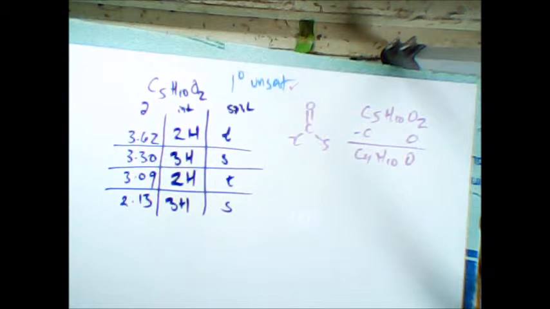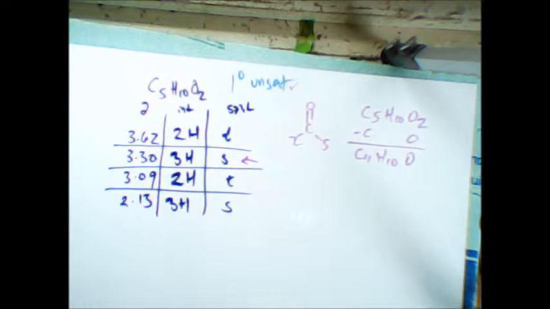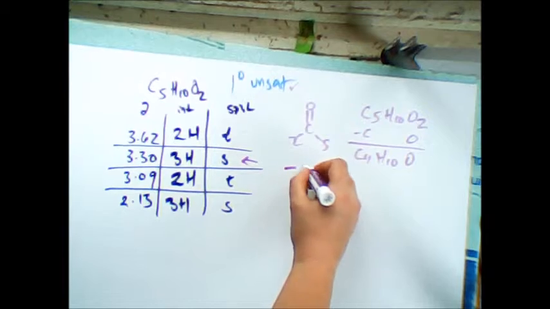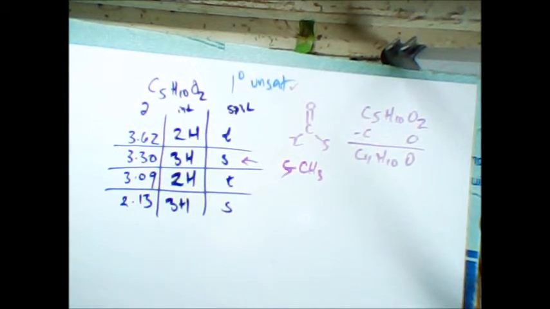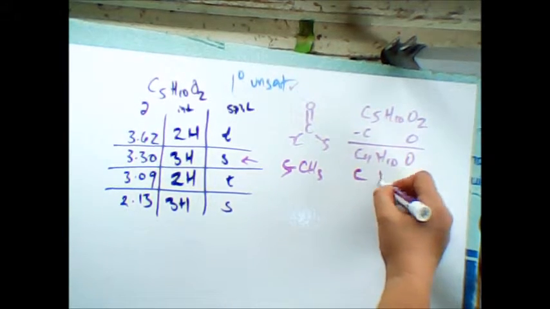Let's look at our H NMR spectrum, which I have put into the sort of table format that I find very useful for figuring these sorts of things out. Some of these are going to be a little bit interesting, but we can say right off the bat, this guy here is an isolated methyl group. So he's going to be a CH3. Let's subtract that out of our formula.